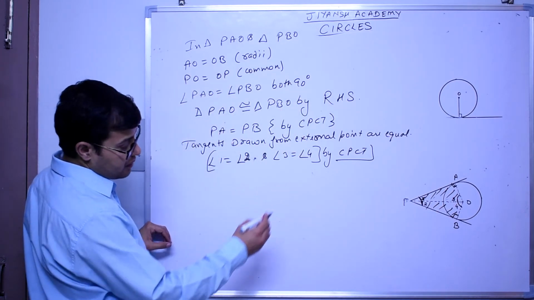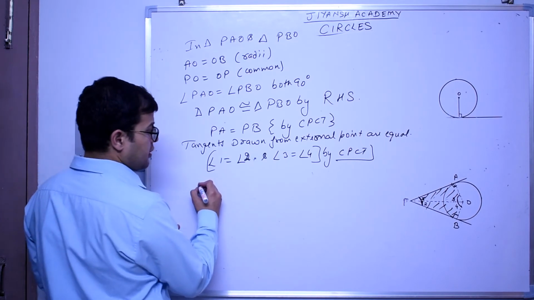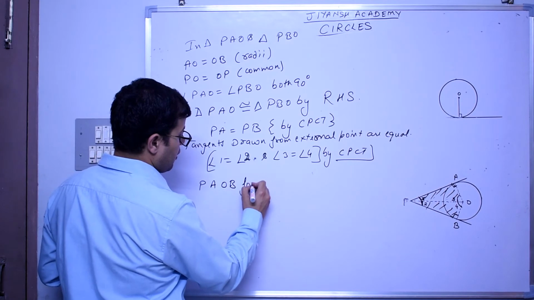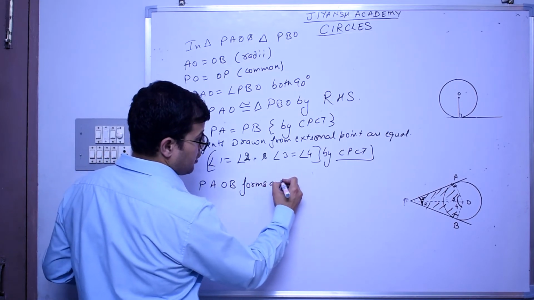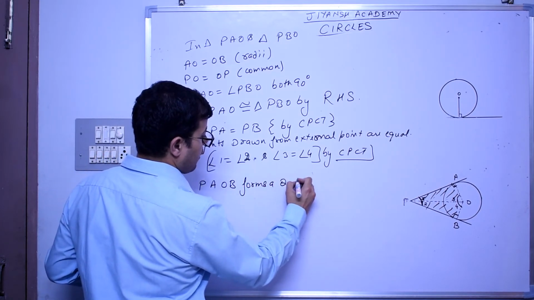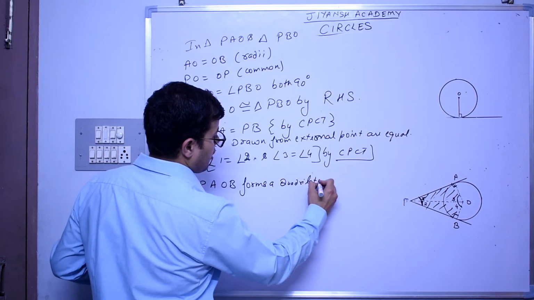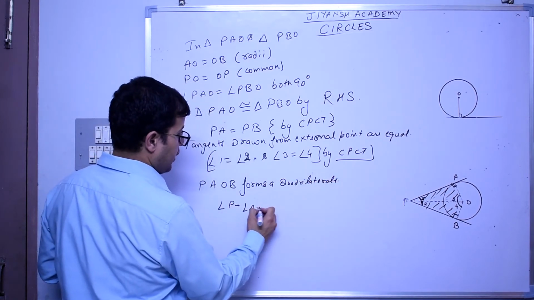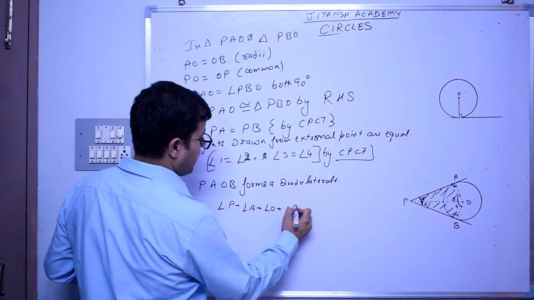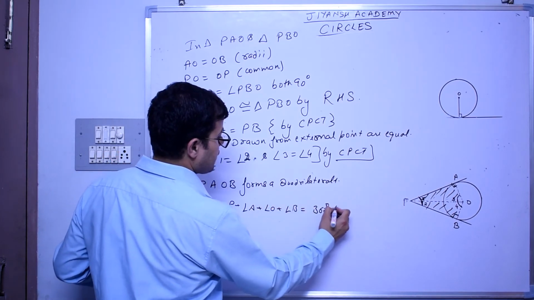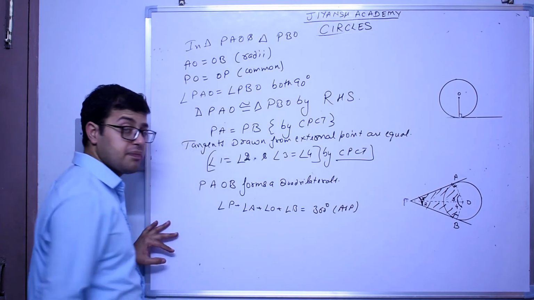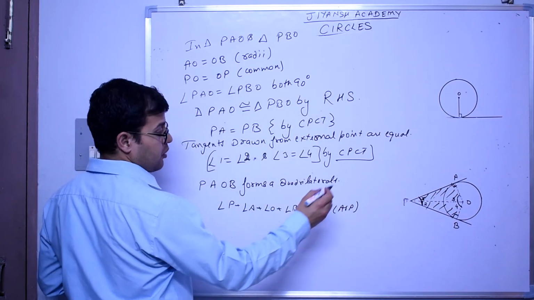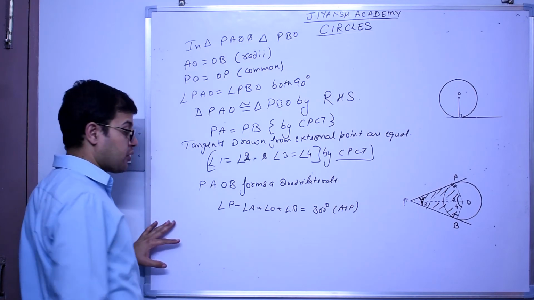Then the last part. Now since PAOB forms a quadrilateral, I can say that angle P plus angle A plus angle O plus angle B should be 360 degrees. This is the angle sum property. Now angle A and angle B both are 90 degrees because tangents are 90 degrees at the point of contact.